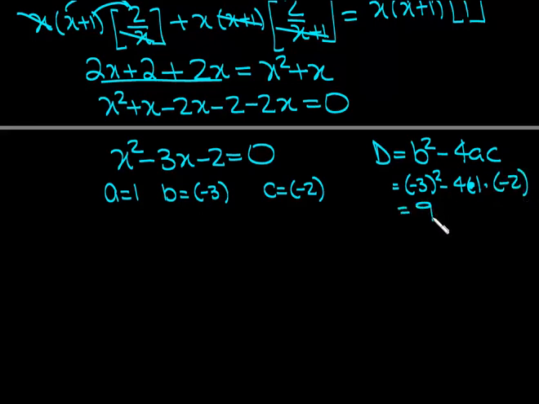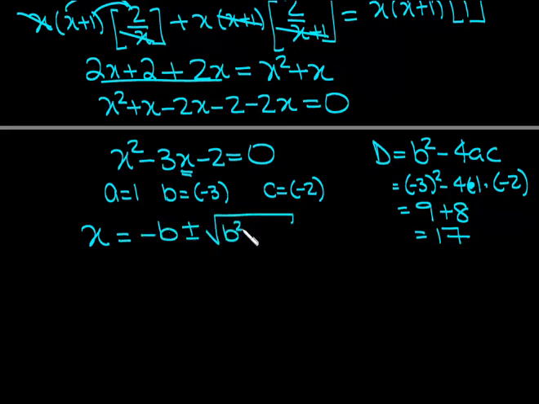So you get 9 plus 8, so we get 17. That's not a perfect square. 16 is a perfect square, but not 17. So we can use the quadratic formula. We are solving for x, so x is minus b plus or minus the square root of b squared minus 4ac, divided by 2a.